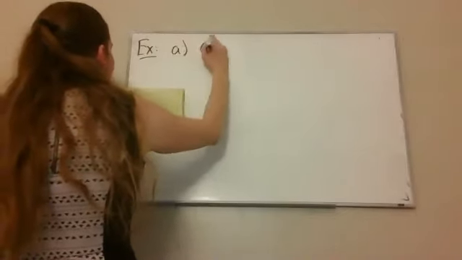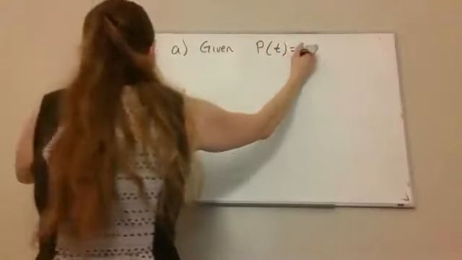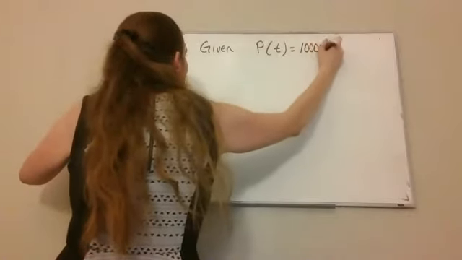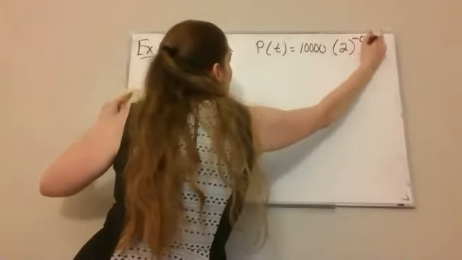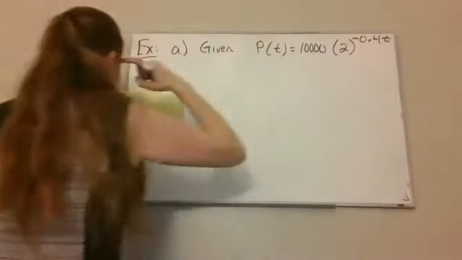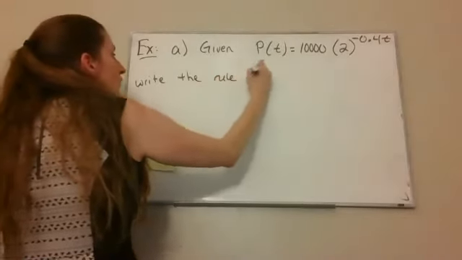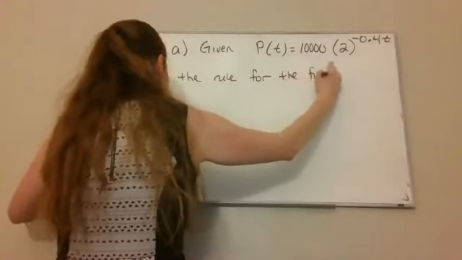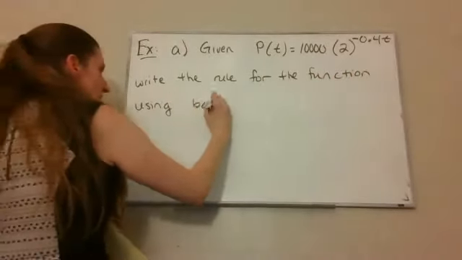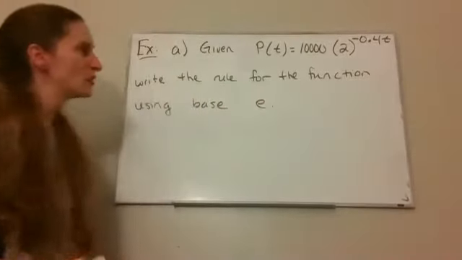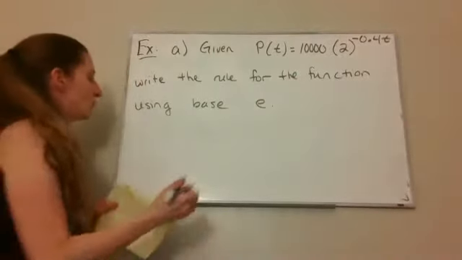So part A, given P of t equals 10,000 times 2 to the negative 0.4 t, write the rule for the function using base e. So we want to rewrite this function so that instead of that base of 2, we have a base of e. How would we do that?